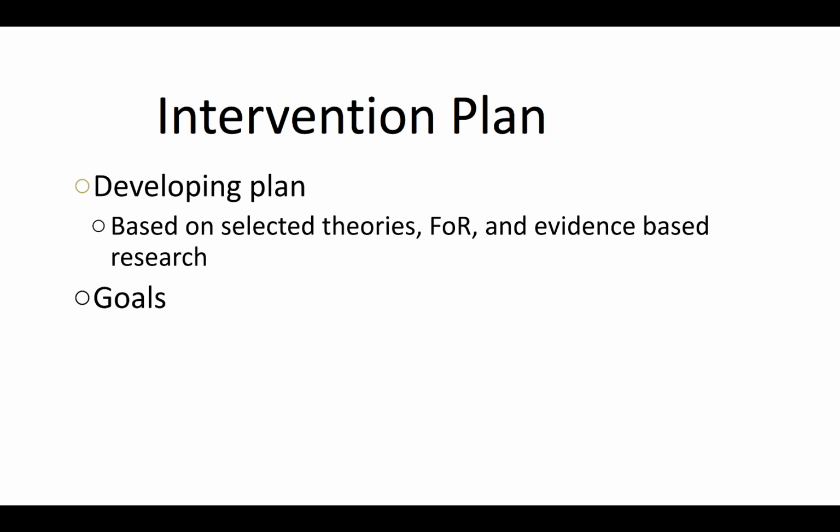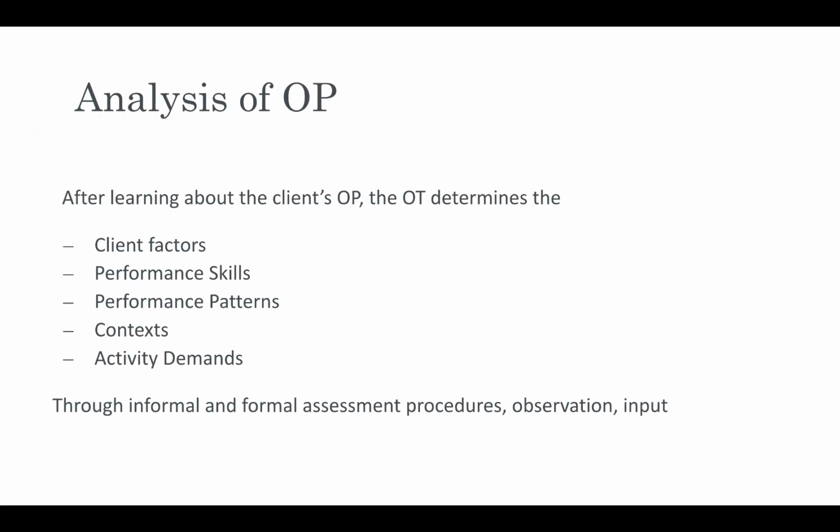So now after analyzing what we identified, for the analysis of the occupational performance, we may have administered standardized testing. We may have observed the client completing an activity to see what they're able to do and what difficulties they're having. We may have had them write something down.